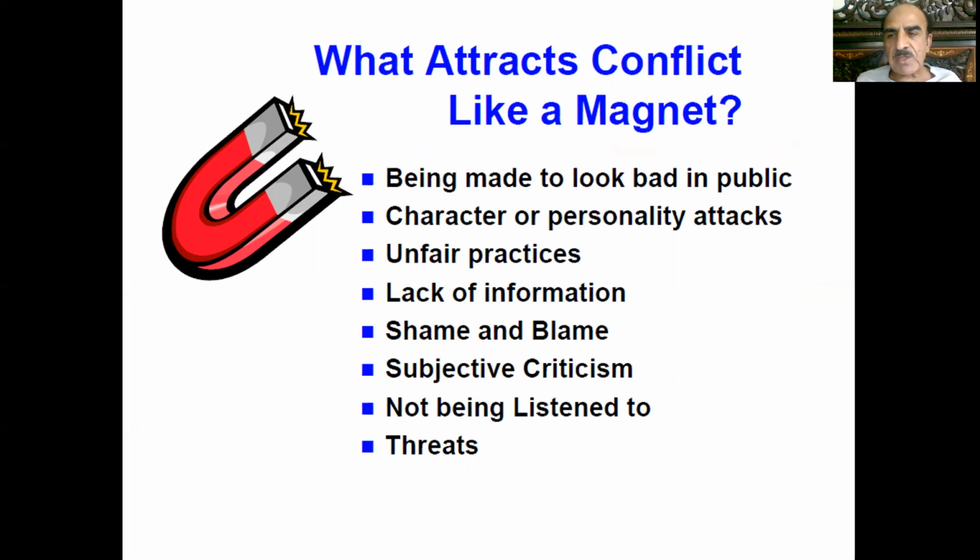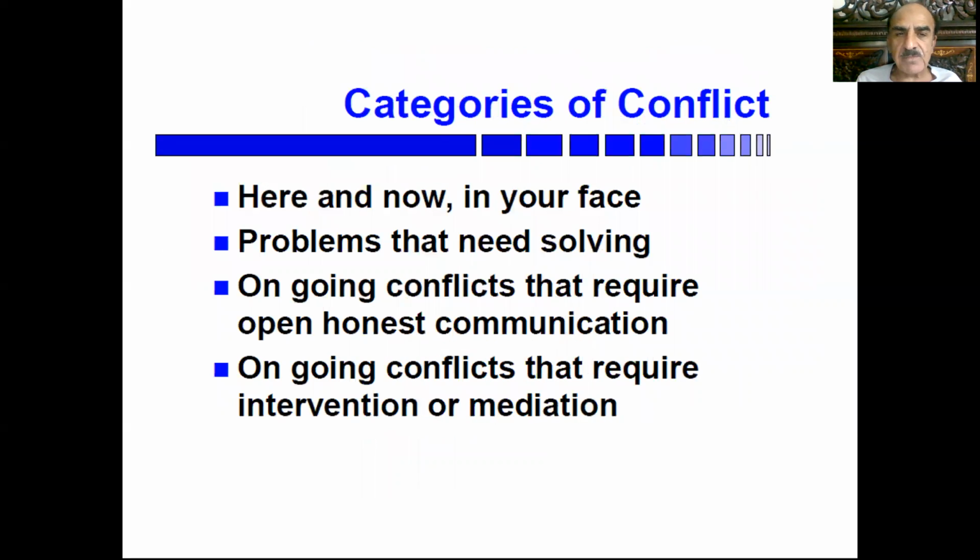So if you damage the image of someone, or if you try to damage the organization, definitely the conflict would start. It may be character or personality attacks. There might be some unfair practices. There may be lack of information, shame in blaming each other, subjective criticism, not being listened to, and threats. So these are some of the very common sources which lead to the creation or raising of conflicts.